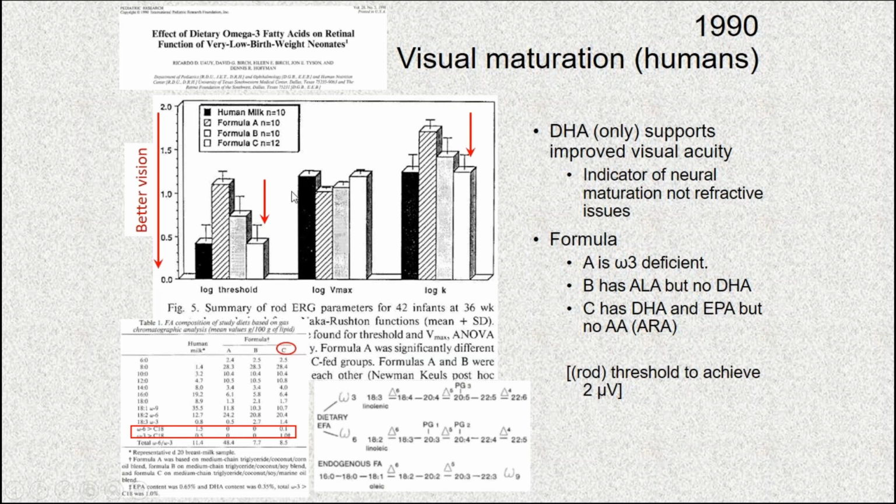and it only had DHA and EPA. I showed you EPA before, but that's not considered to be the active component. This is DHA only. And you can see that with better vision being lower, so you can think of that as being a finer degree of resolution in the eye, visual acuity, that is. The human milk kids have the lowest threshold, and then the kids who don't have any omega-3s at all, which is not a particularly great experiment that one would want to do these days, but it was still an open question back then, have the worst threshold.